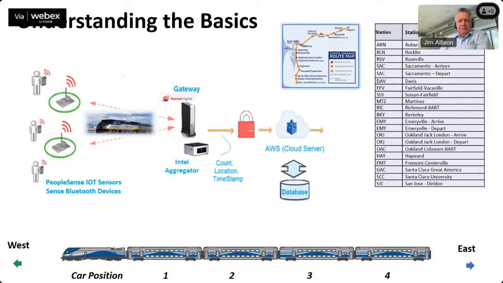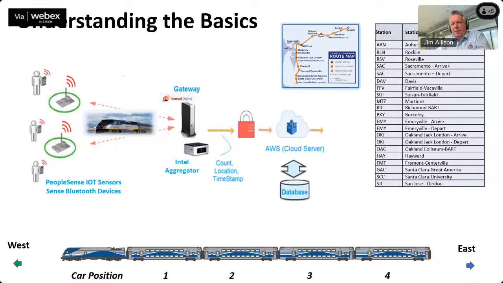This sensing device could collect that information and backhaul it out of the train, in this case via the on-train Wi-Fi, but it could have been over a cellular card itself. It goes off the train by some mechanism, and we do have a Wi-Fi system that's Nomad Digital. Then that leaves the train and goes into the larger cloud, onto Amazon Web Services or something like that, that would be a repository for storing this information and using it later, and we'll have slides about that.